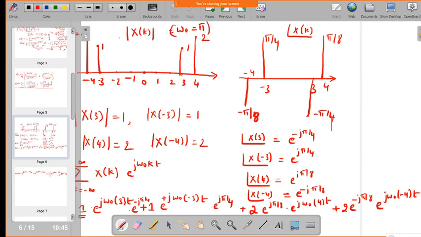Here, both are plus, and if you take minus outside, we will get minus pi by 4, that is 3 pi t minus pi by 4.